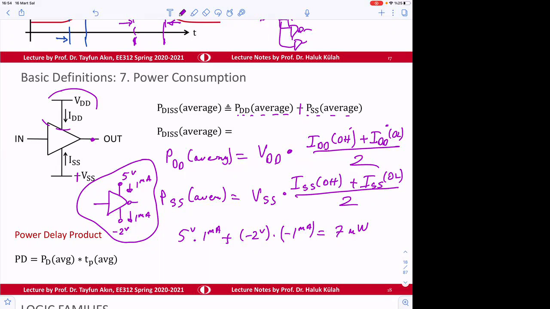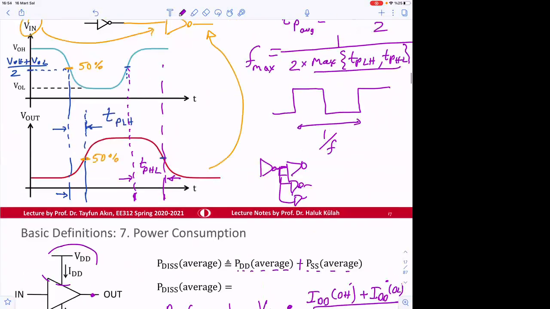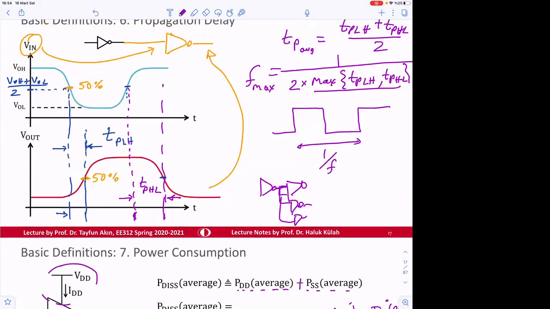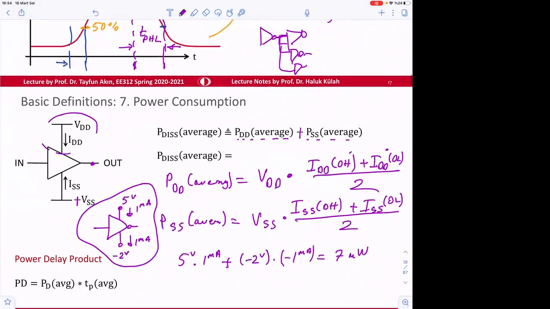Typically, in order to reduce this delay, we need to charge the capacitances much faster. In order to charge the capacitances much faster, we need to maybe increase the current by reducing the resistances. But if we do that, then power dissipation will increase.